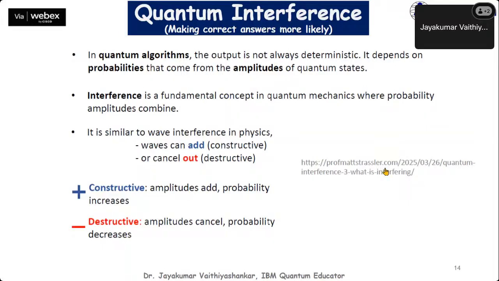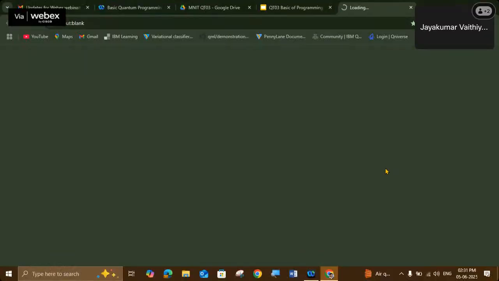Everything we view as signals, we view in terms of probability. This is a good link where you can visualize interference. I'll share it in the chat box.